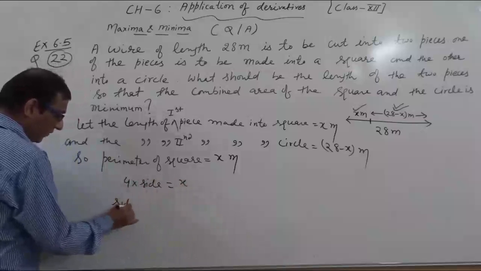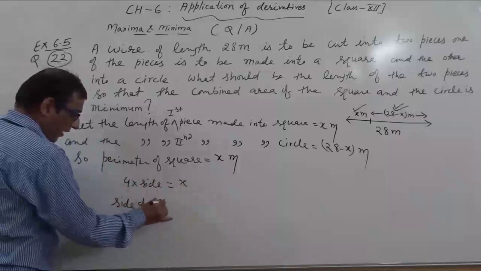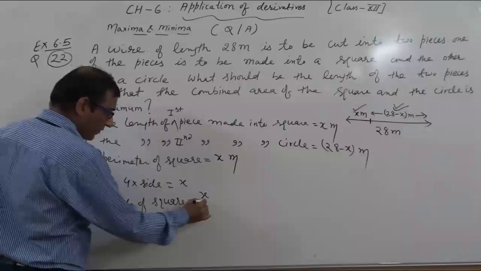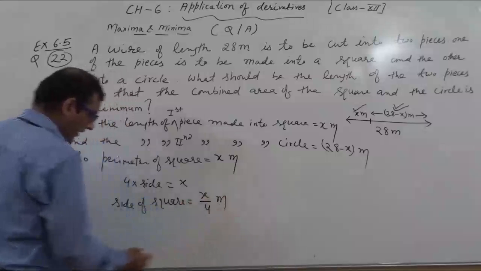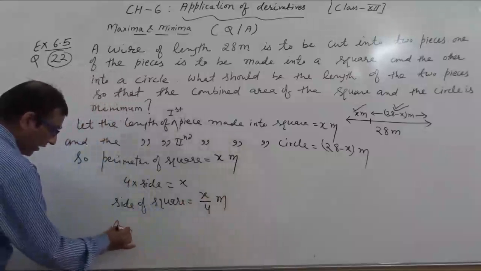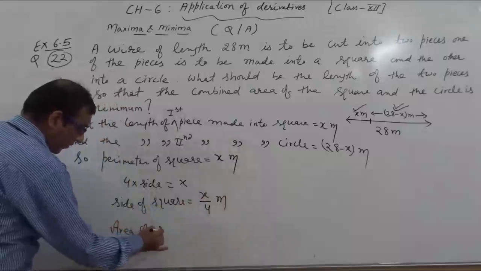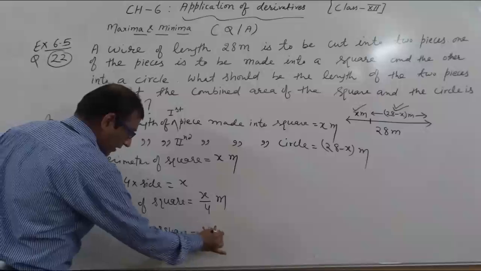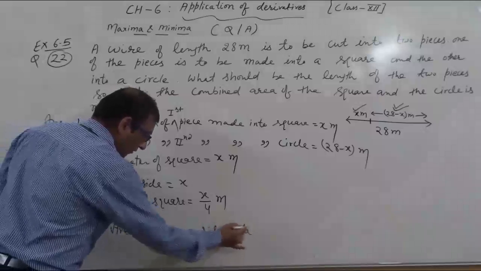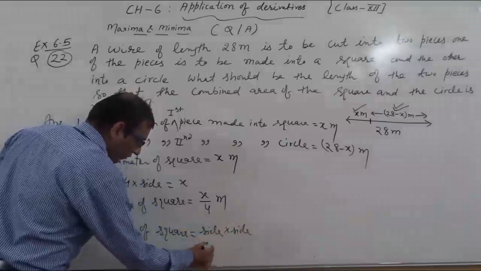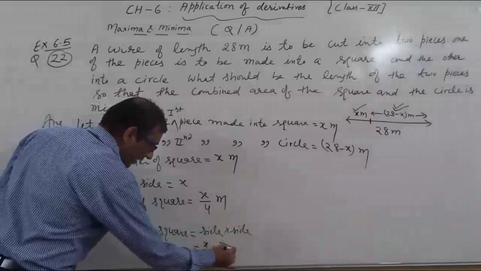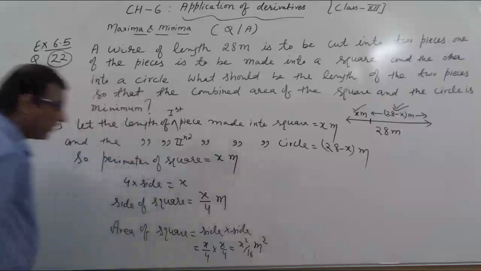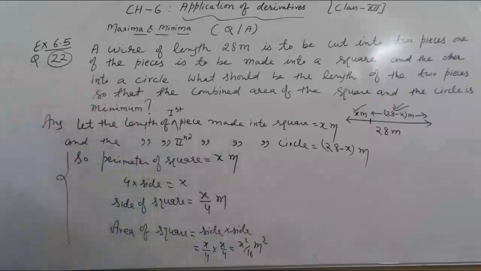So we can say the side of square equals x upon 4 meter. It means the area of square is side into side. Now we put the value of side: x upon 4 into x upon 4 becomes x² upon 16 meter square. So this is for the first piece, right?